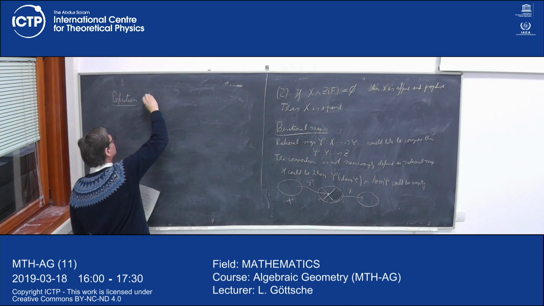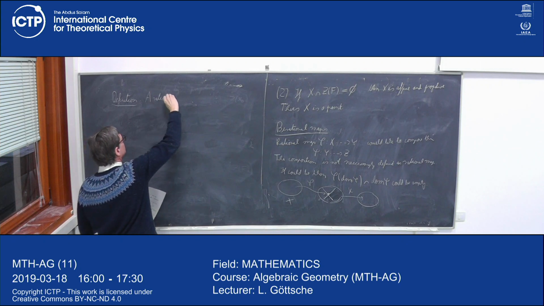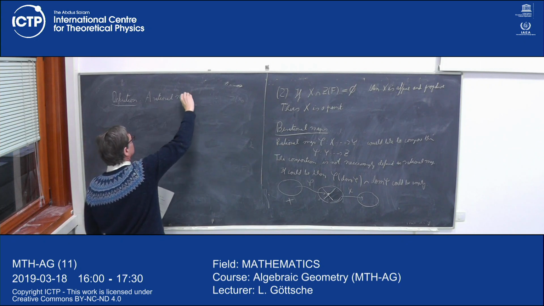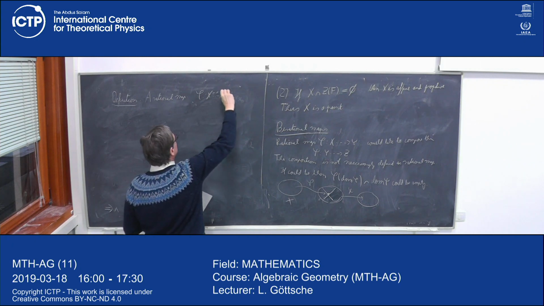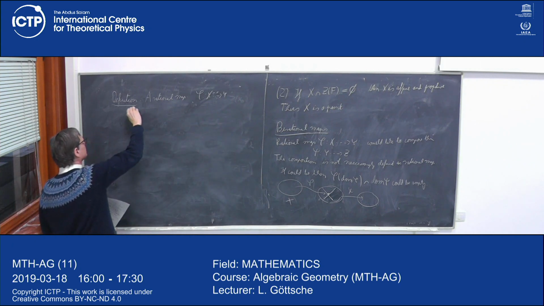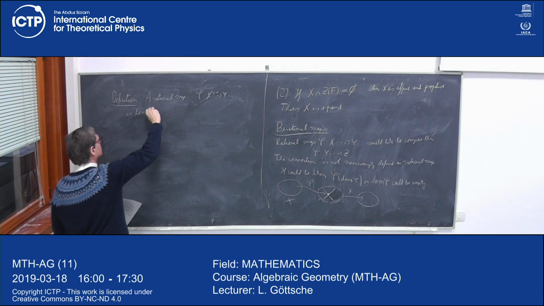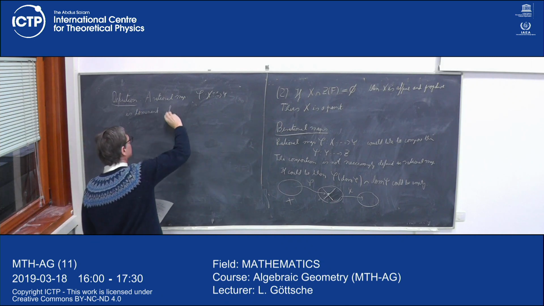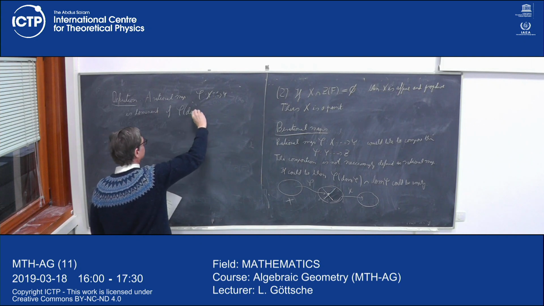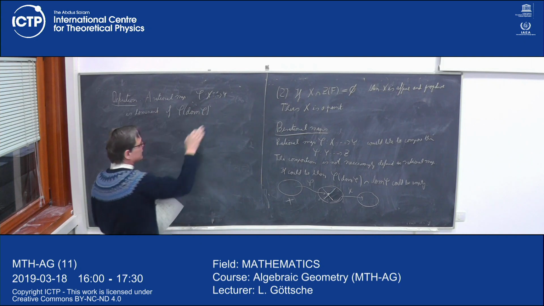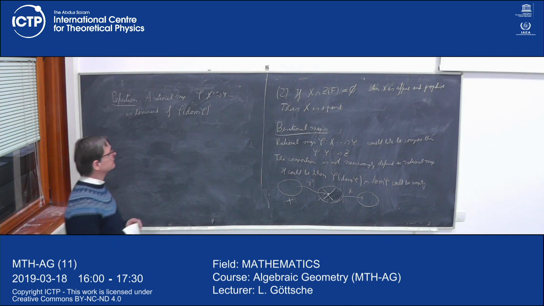A rational map phi from X to Y is called dominant if I take the image. So the image, always the image of where it's defined, is dense in Y.